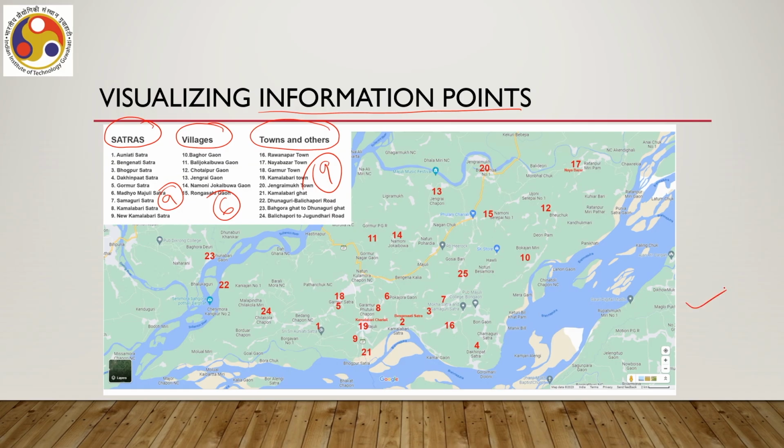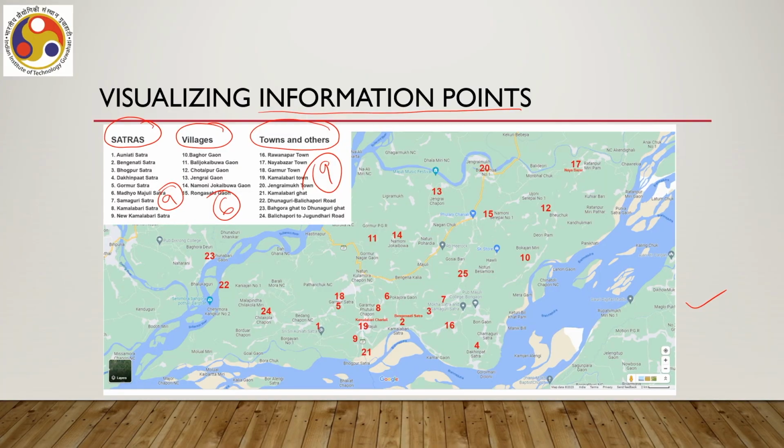You can see, we decided that by capturing the heritage aspects, tangible and intangible both, of these 24 information points, we could comprehensively capture the tangible and intangible heritage aspects of the entire island. So, our objective was to build or design a virtual tour that will cover all these 24 points on the island.